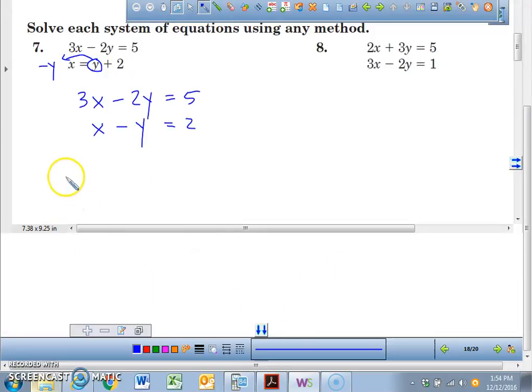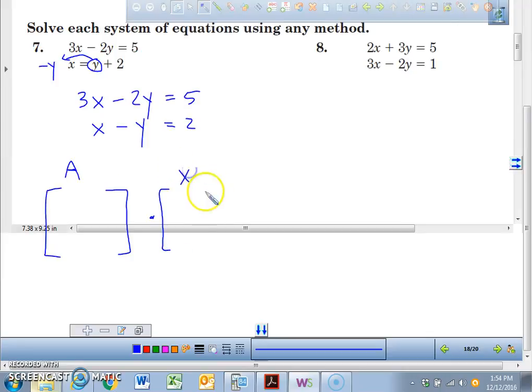Let's remember how to set this up. I'm going to say matrix A times matrix X is going to equal matrix B. I'm going to put my X and my Y here. To set this up, it's a 2 by 2.